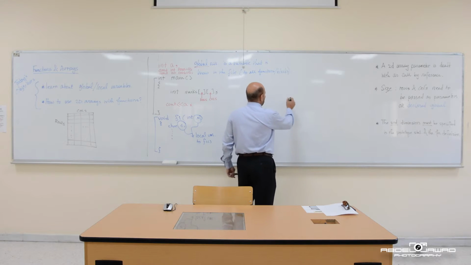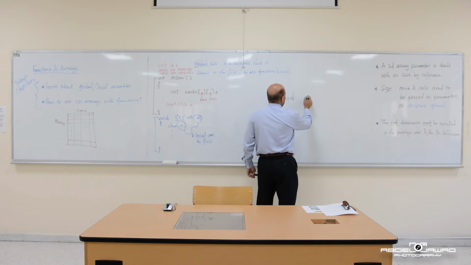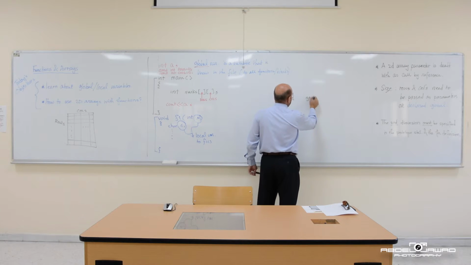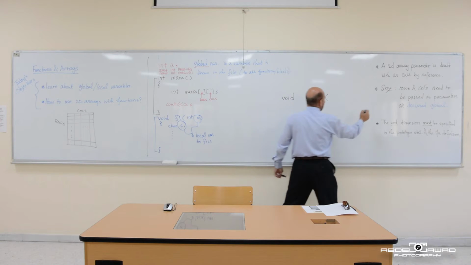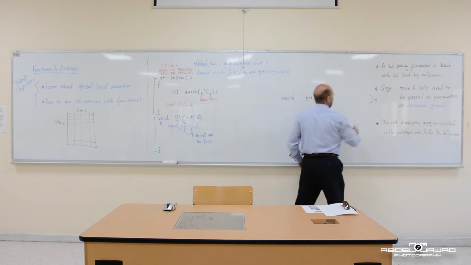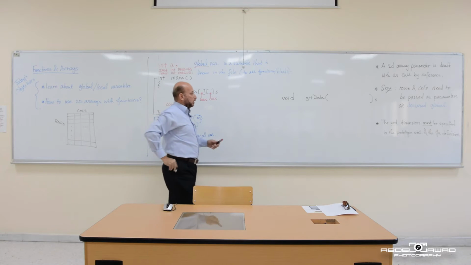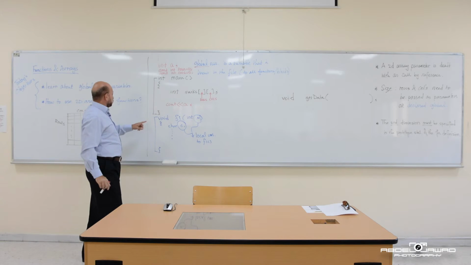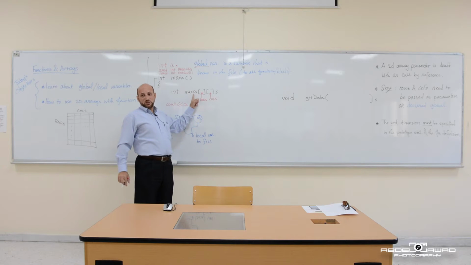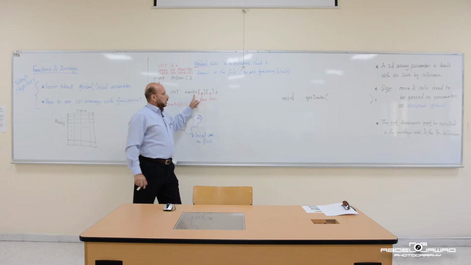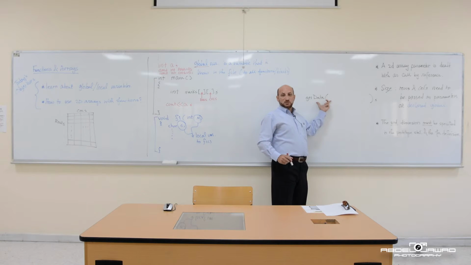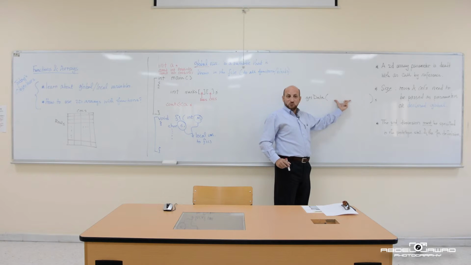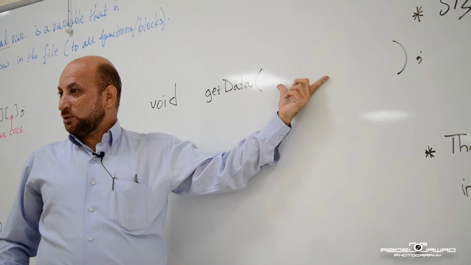Look, for example, I have void get data, and I would like to declare my parameters. Now let's use this data structure, marks. Get data. So if this is a prototype statement, we should tell here the data type of that parameter.